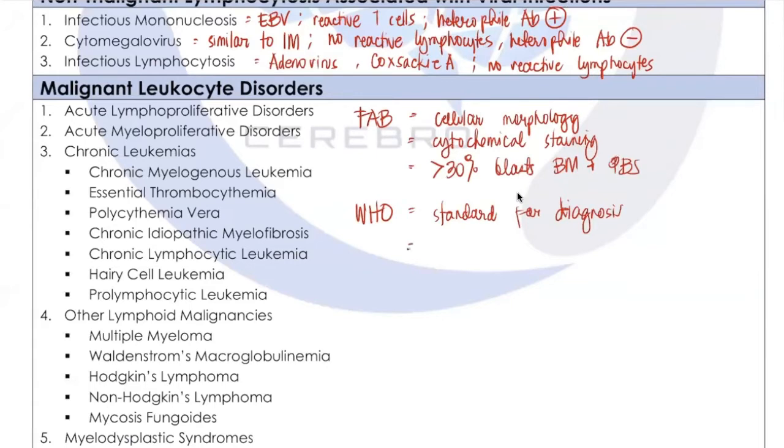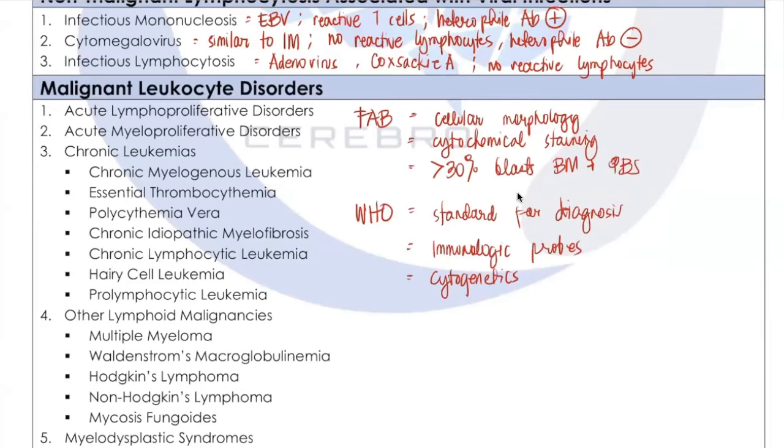That includes the use of immunologic probes, our CD markers, which is something we really need to study for ASCP because it is one of their favorites. Then cytogenetics is also considered. There are malignancies that are caused by certain translocations and deletions in certain genes.